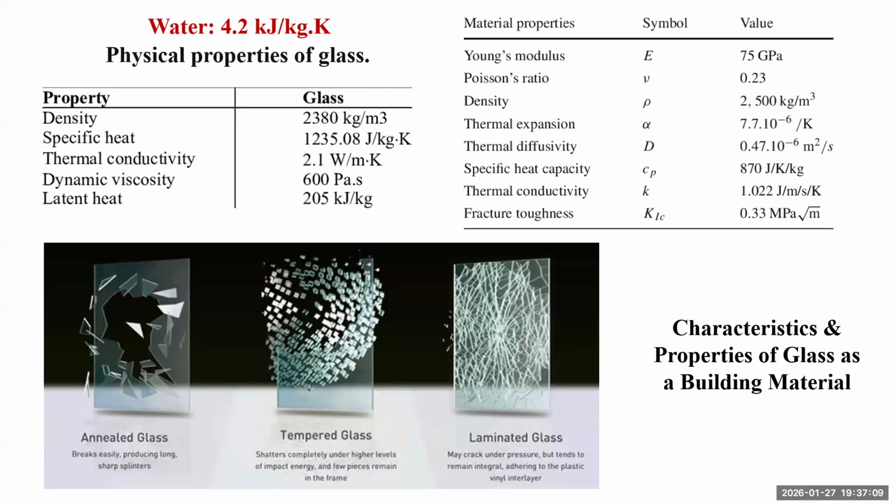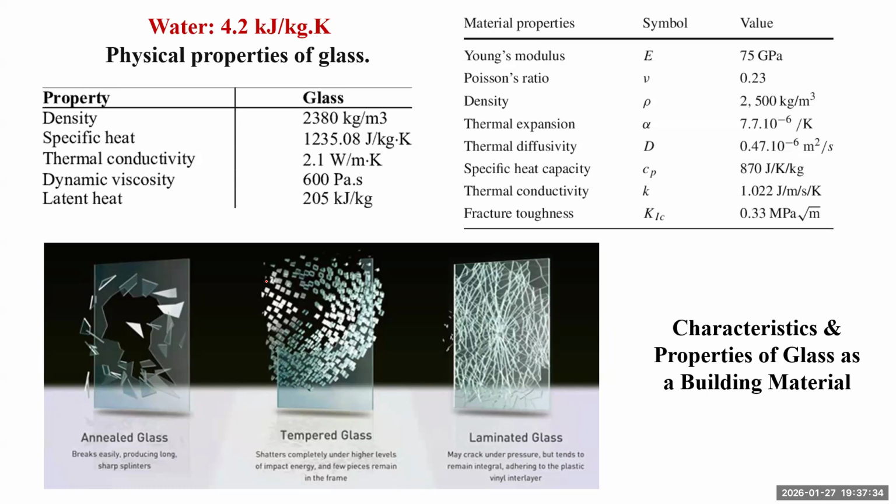Knowing glass, we also have to know its physical properties, including density and specific heat. Specific heat lets us know how much heat it can hold. We know phase change materials can hold energy, but what about glass?